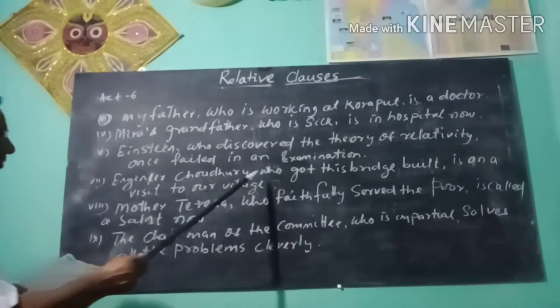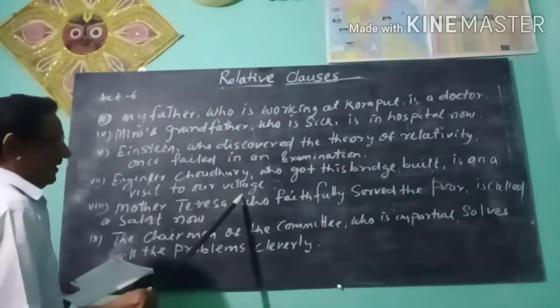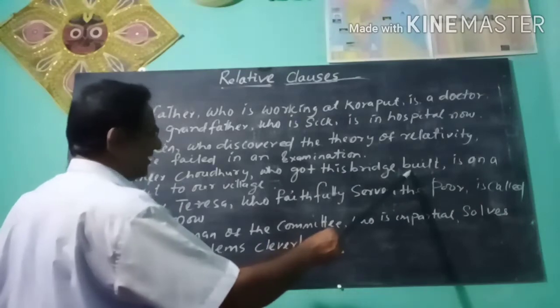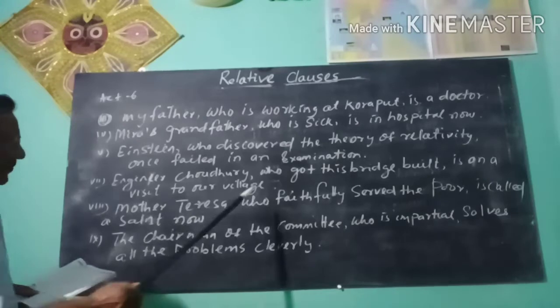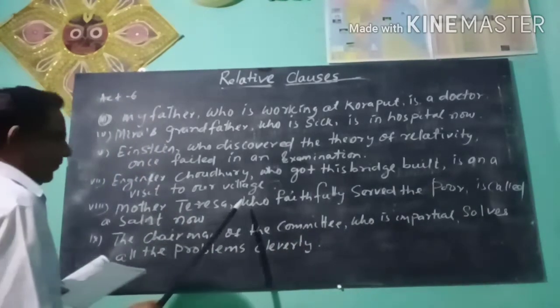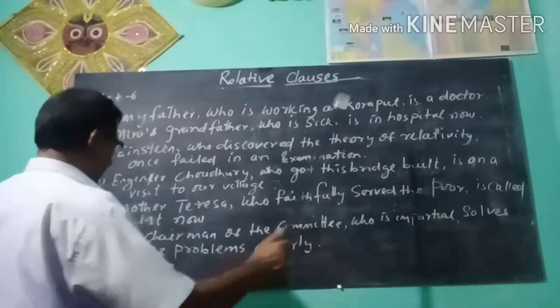Engineer Chaudhary, who got this bridge built, is on a visit to our village. Who got this bridge built is a non-defining relative clause. Mother Teresa, who faithfully served the poor, is called a saint now. Who faithfully served the poor is a non-defining relative clause.